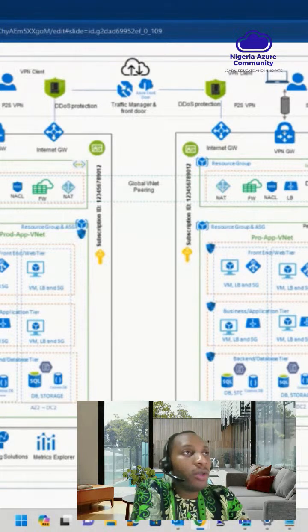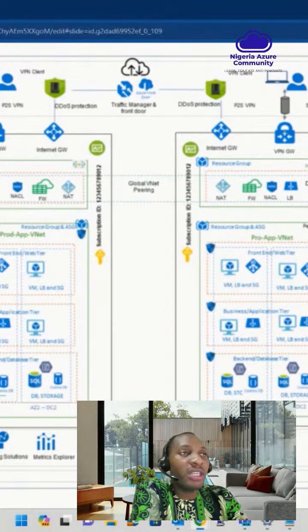Then you have a VNet for production. You have a VNet for non-prod or non-production, which is your test. Now, on the prod, you have your virtual machines, your load balancers.